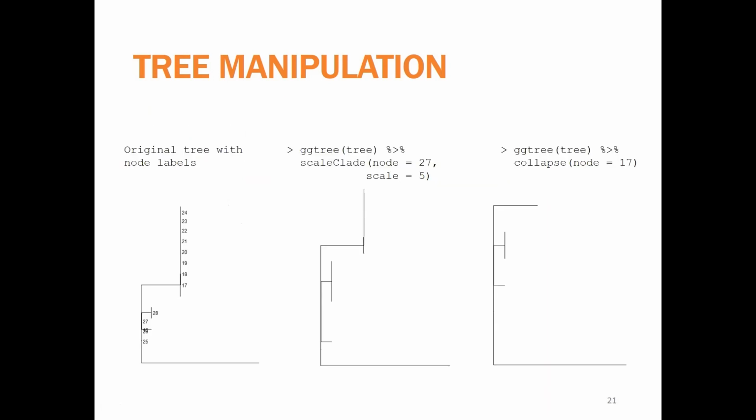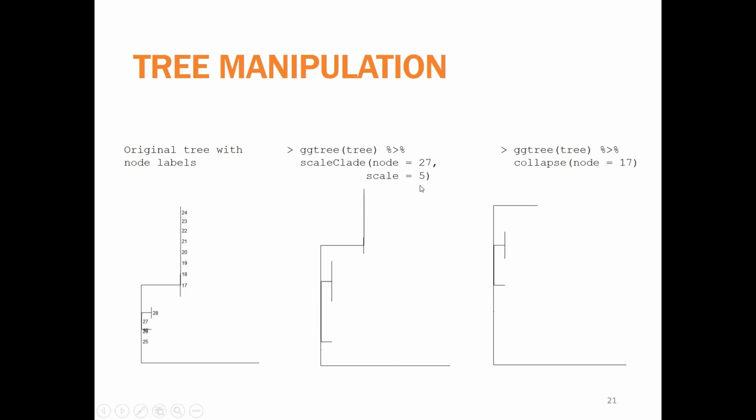Other options are to scale a clade. Here, this is the original tree on the far left with the nodes, and I scaled by node 27, which is right in here. Any scale that's greater than 1 will make the clade bigger.